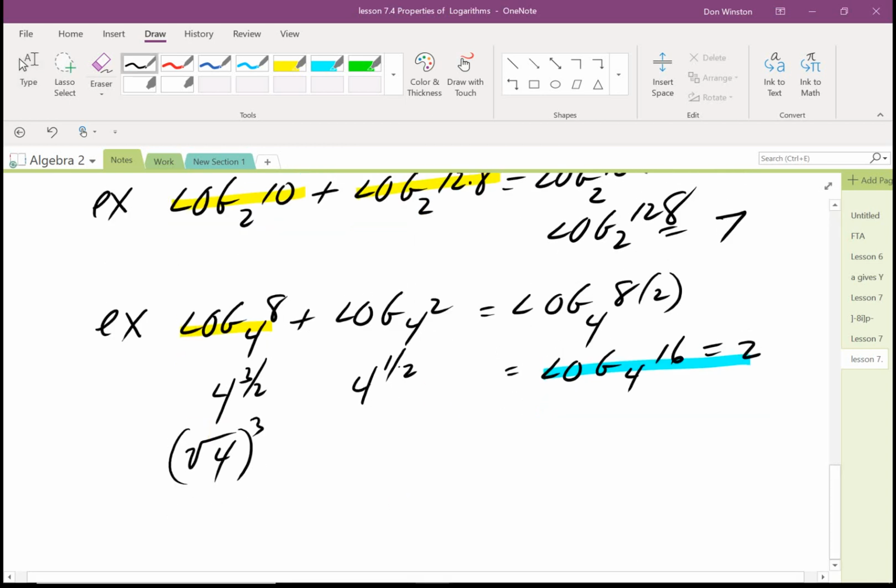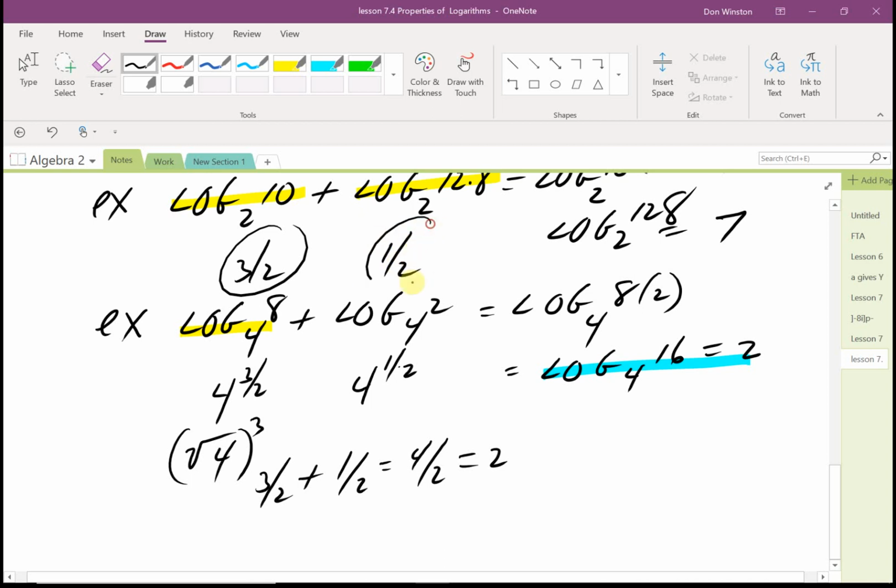So here I would have 3/2 plus 1/2, and that would give me 4/2, and that would give me 2. Okay, so this would have equaled 3/2, and this would have equaled 1/2, and 3/2 plus 1/2 is 4/2, and that's the answer I got, 2.